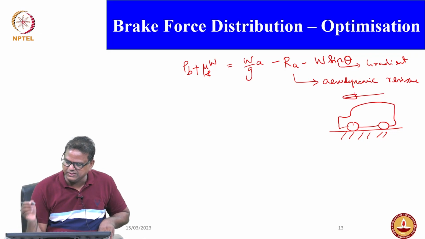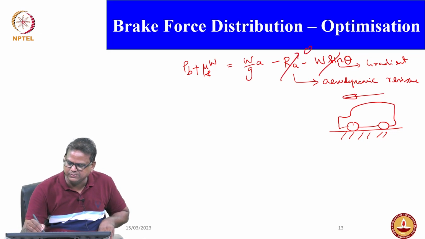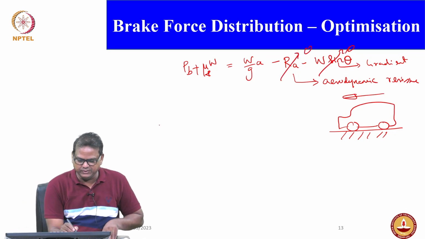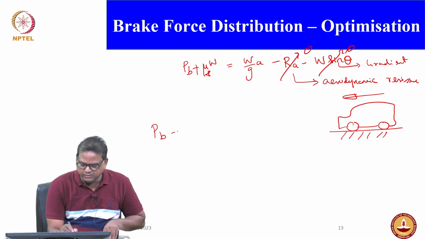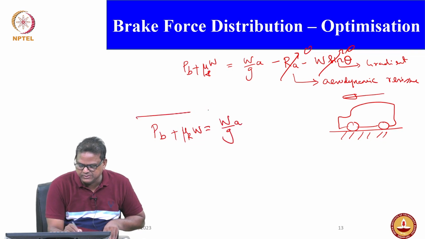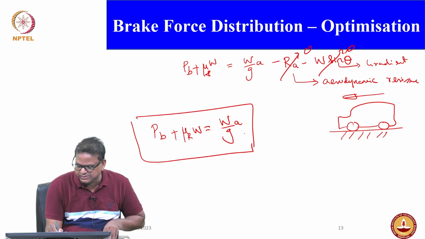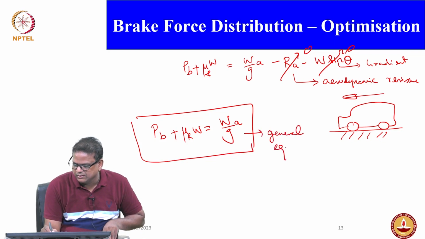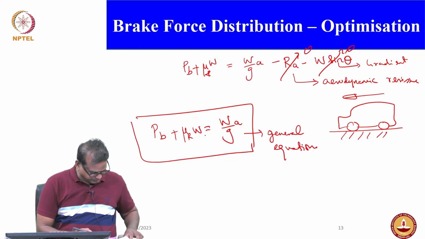So the moment you say in this direction, this will be 0, and this also we neglect. So finally we will have a general equation, PB + mu r W equals, this is the general equation. We are going to use this equation, okay?